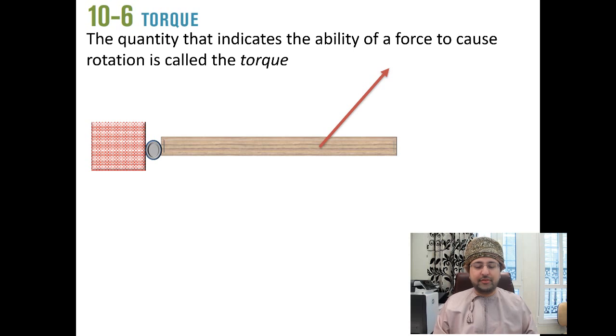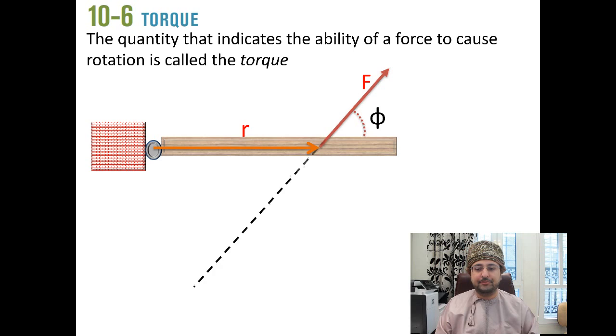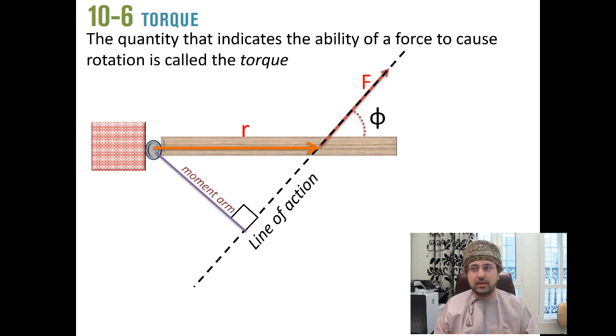Let's see. What if I push the door with a force F at some angle phi, a distance from the hinge, let's call it R. Now, we have something called the line of action. Okay, some new words: line of action, moment arm.